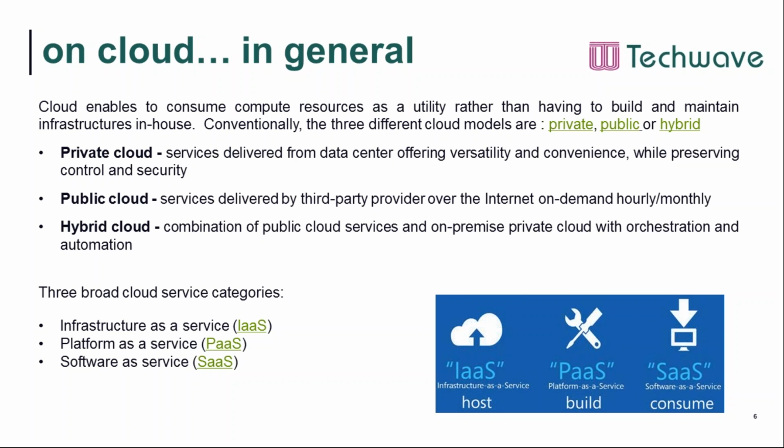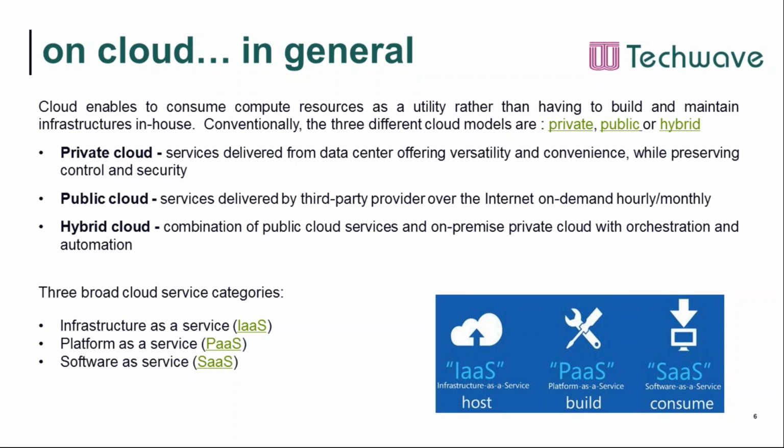The next model is hybrid cloud, where an organization plans to have workloads on the public cloud as well as on its own premises, where it has a private cloud. The combination of that is the hybrid model, right?